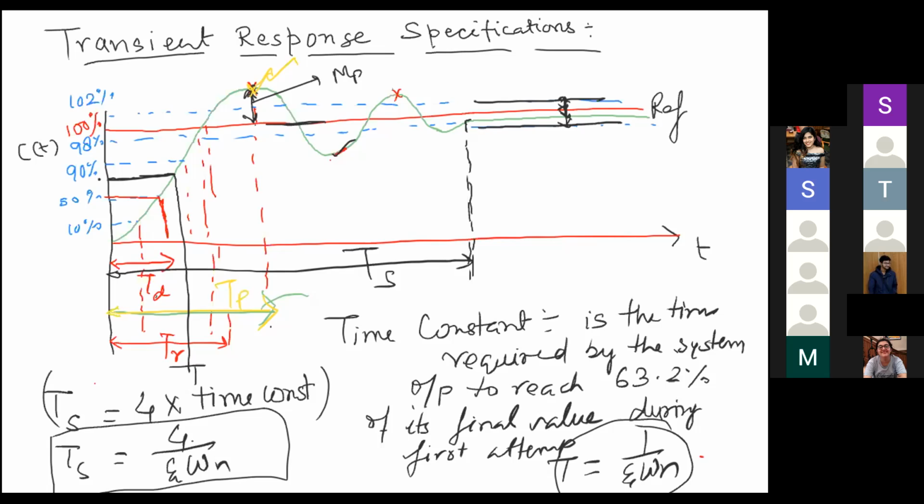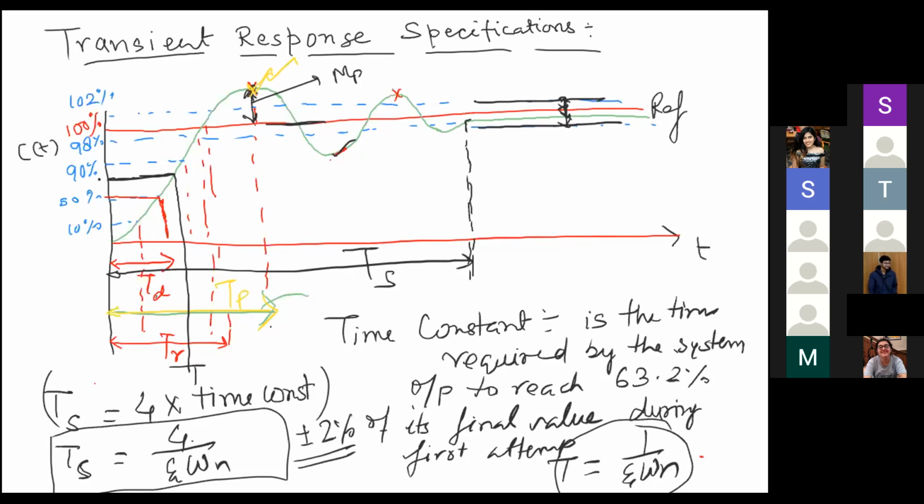The time required to reach the system from 0 to 100% is known as rise time for underdamped system, and 10% to 90% for overdamped system. To reach within a specified percentage of its output, that is defined by the user, say plus minus 2%, this is known as settling time. And that settling time Ts is equal to 4 upon zeta into omega n, that is plus minus 2%.